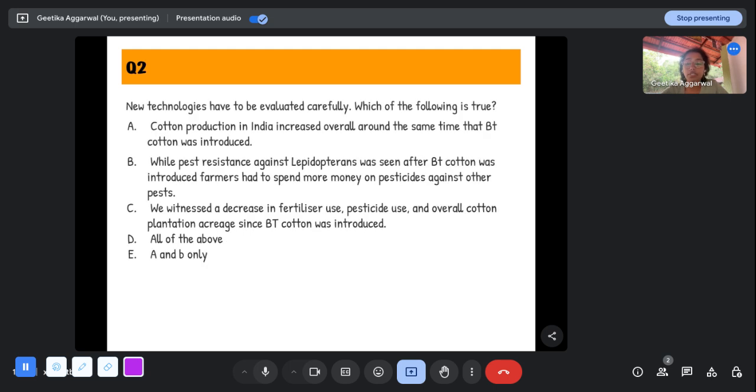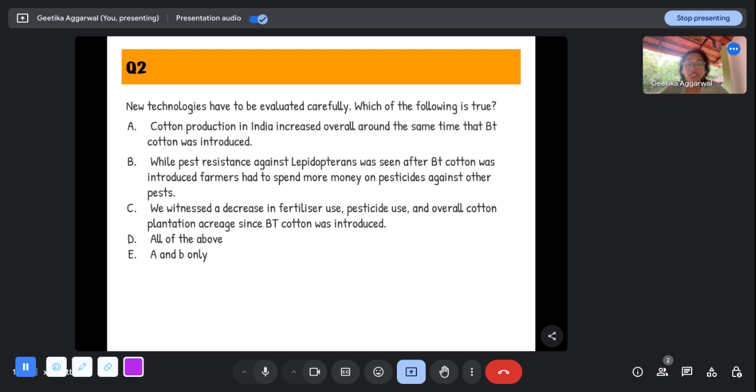The next question says that new technologies have to be evaluated carefully. So which of the following is true? Number one, cotton production in India increased overall around the same time that Bt cotton was introduced. Second statement, while pest resistance against lepidopterans was seen after Bt cotton was introduced, farmers had to spend more money on pesticides against other pests.